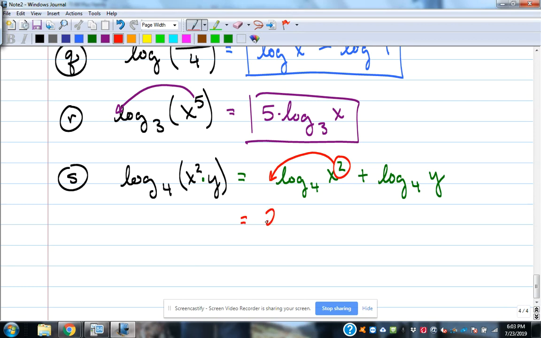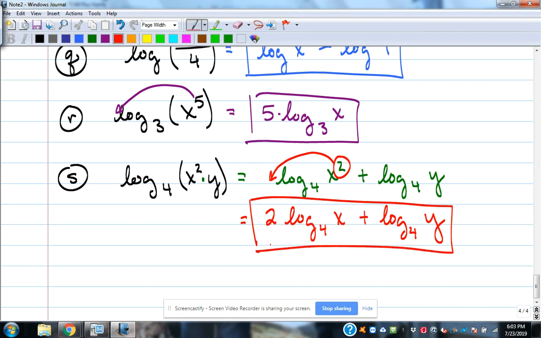That's going to be 2 log base 4 of x plus log base 4 of y. And that's all you can do to that one. There's nothing else you can do. After you've done several of these, you'll start doing more than one property at a time. You won't write out step by step as much. But you know, again, step by step's not bad. It just takes a little longer to do sometimes.